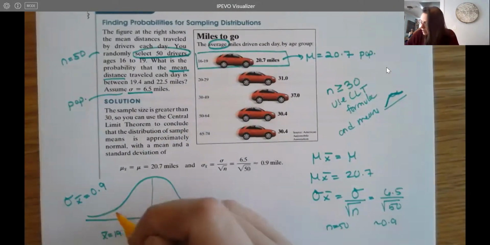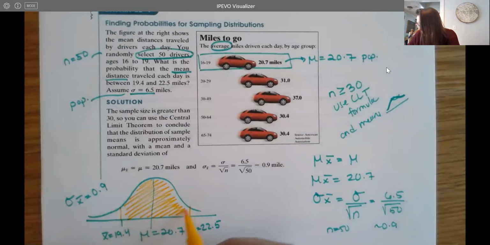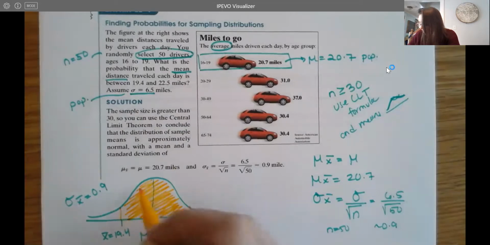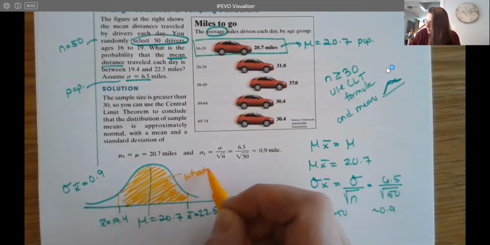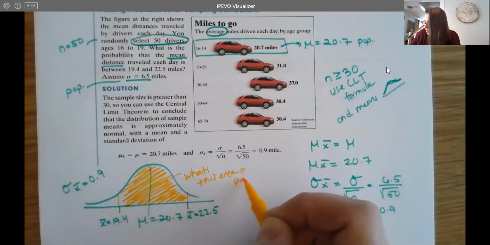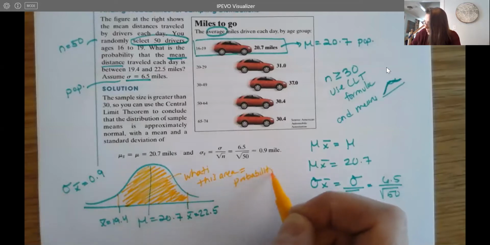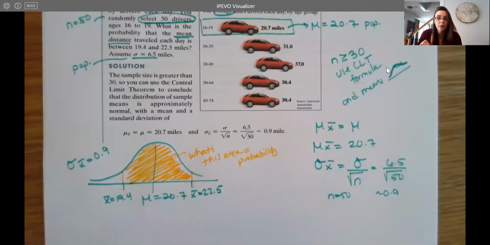So I'm looking at the area in between. So we want to know what's this area, because that equals your probability, right? So that's really what we're looking for here.